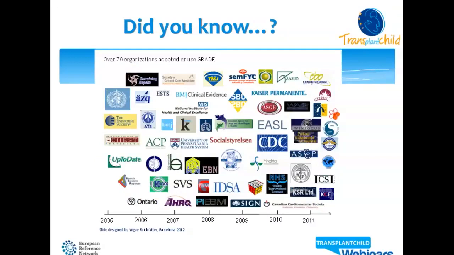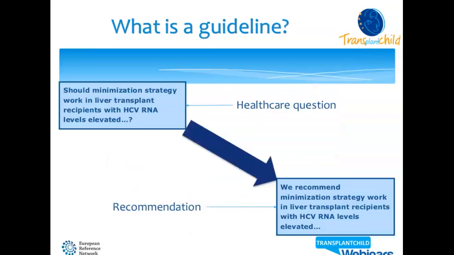That means that not only the people are very aware of the use and utility of clinical practice guidelines, but also they recognize that some kind of systematic process is needed to go ahead in the development of clinical practice guidelines. So stepping into the guideline, what is a guideline?